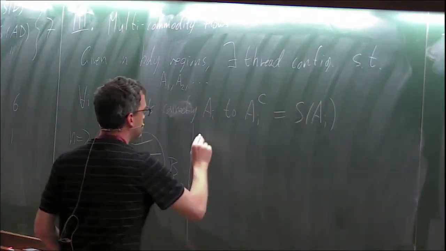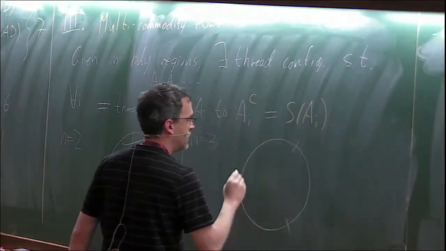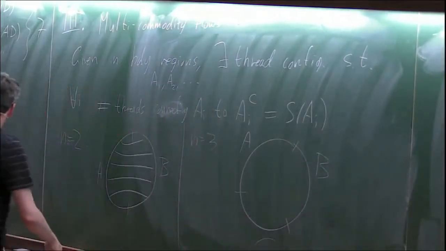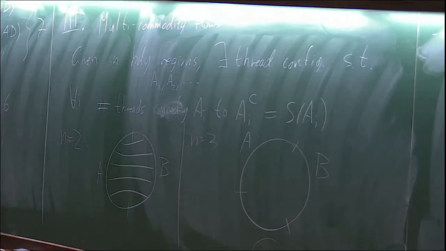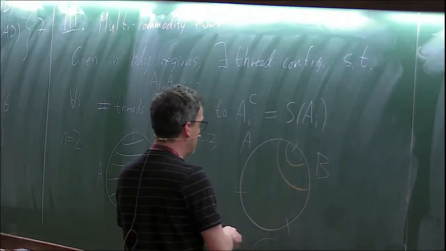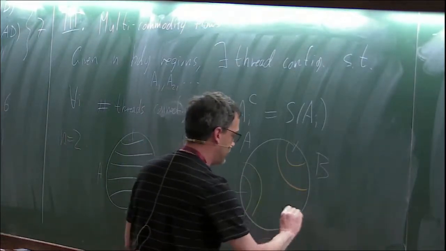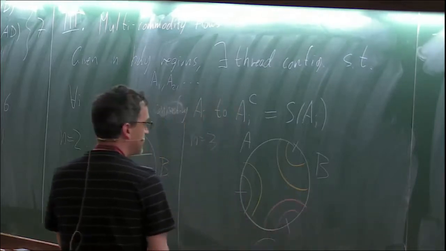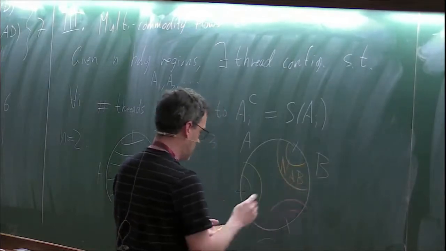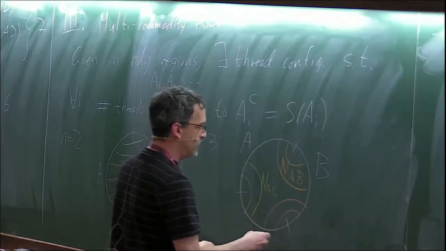So there's some thread configuration which includes threads from A to B, from A to C, and from B to C. Let me call these numbers NAB, NAC, and NBC.